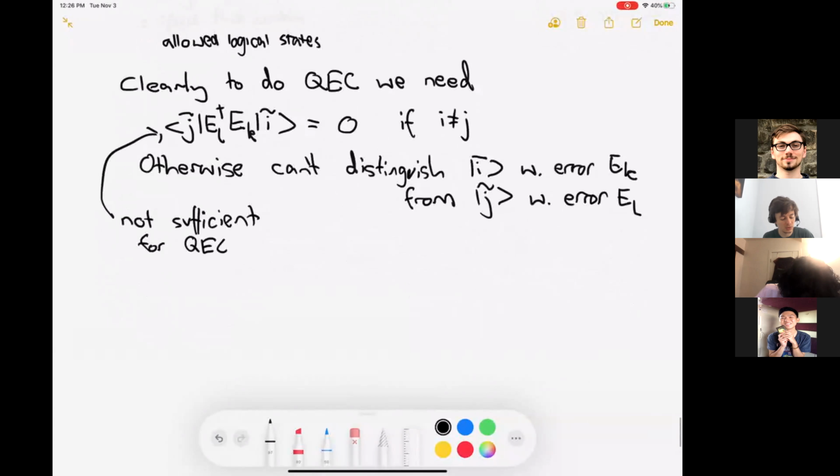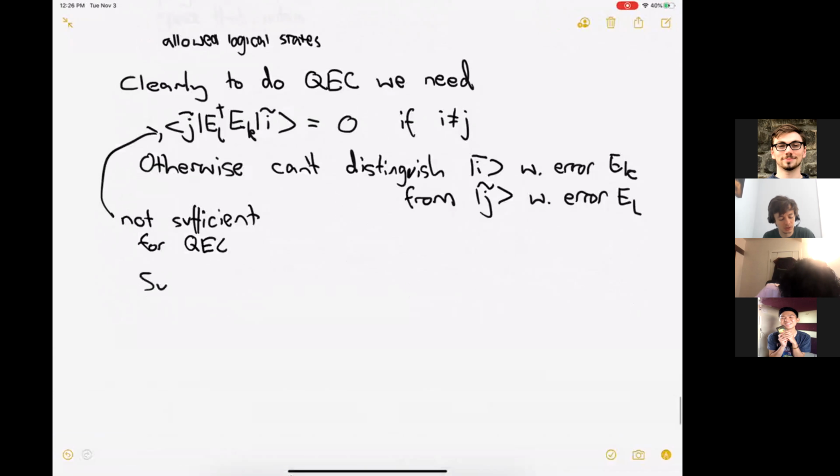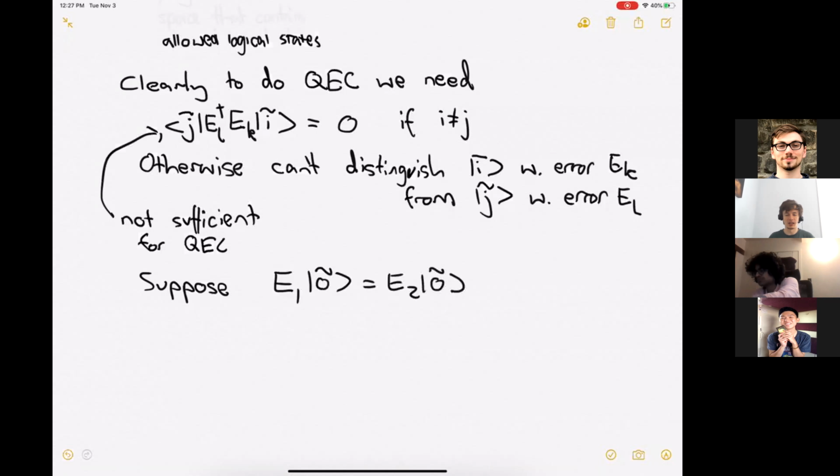But quantum mechanically, suppose we have error 1 happening on the 0 state gives the same state as error 2 happening on the 0 state. This happens, for example, in the Shor code: Z acting on the first qubit has the same effect on the state as a Z acting on the second qubit.